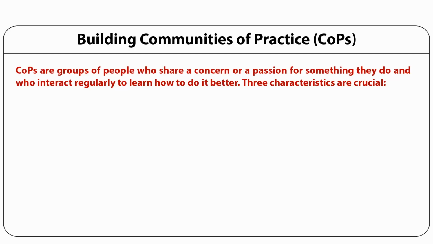Not everything called a community is a community of practice. A neighborhood, for instance, is called a community, but usually not a community of practice. We have three characteristics which are crucial to differentiate a community from a community of practice. The first characteristic is the domain.